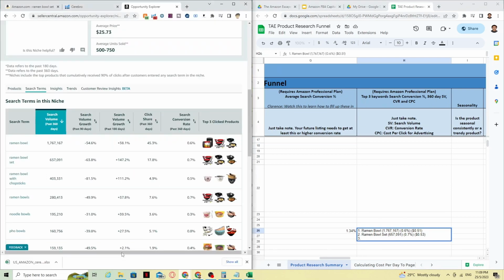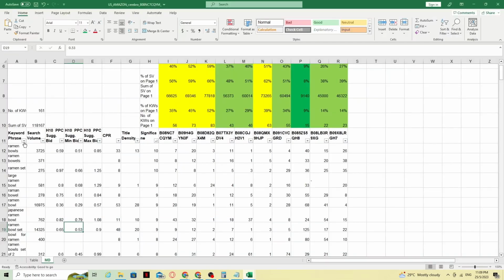Okay, and finally, our last one, ramen bowls with chopsticks. Search volume 403,031. Search conversion rate 0.5%. And finally, Cerebro, ramen bowl with chopsticks.